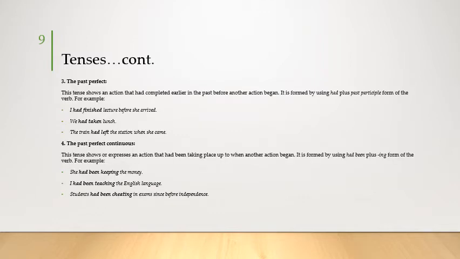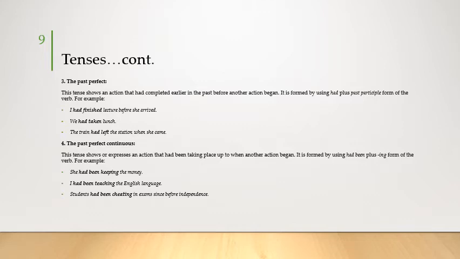The past perfect. This tense shows an action that had completed earlier in the past before another action began. So we have two actions in the past. One was done before the other action. So in this case, past perfect is used.